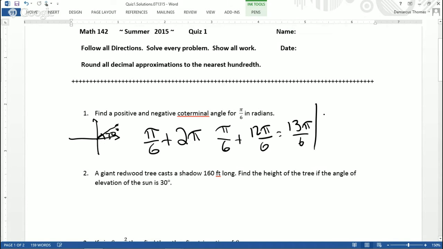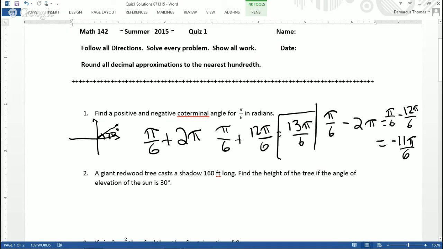To get the negative answer, we would take pi over 6, and then subtract 2 pi this time. We'll go the clockwise way around, and that's equal to pi over 6 minus 12 pi over 6 again, and we're left with just negative 11 pi over 6.